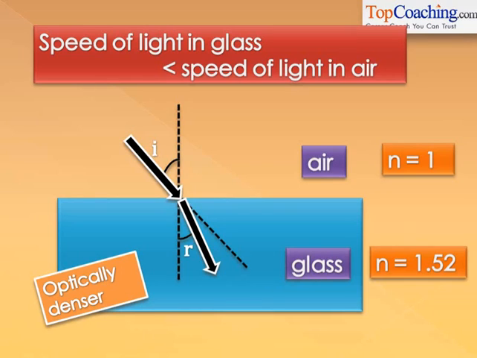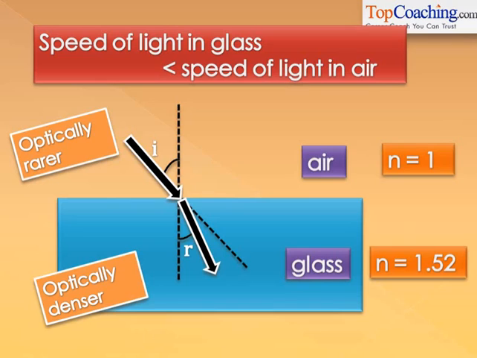In fact, there is yet another term you must remember. I know, quite a lot of terms in this chapter. This term is optical density. When any body has a higher refractive index, it is called optically denser. When any body has a lesser refractive index, it is called optically rarer. Understood? So glass is optically denser than air.